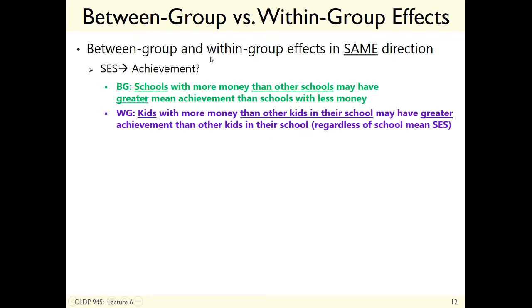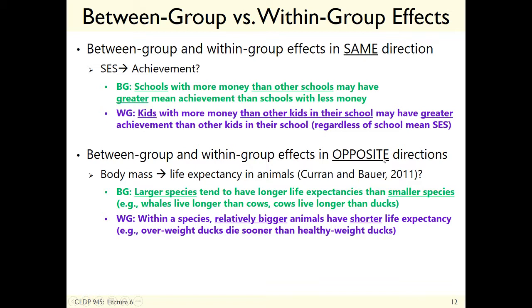So there are examples of how you may have between and within effects going the same way. Generally more money means higher achievement. Here's an example from an Annual Review of Psychology article talking about the opposite directions. Between groups, larger species tend to have longer life expectancies than smaller species. So whales live longer than cows, who live longer than ducks.